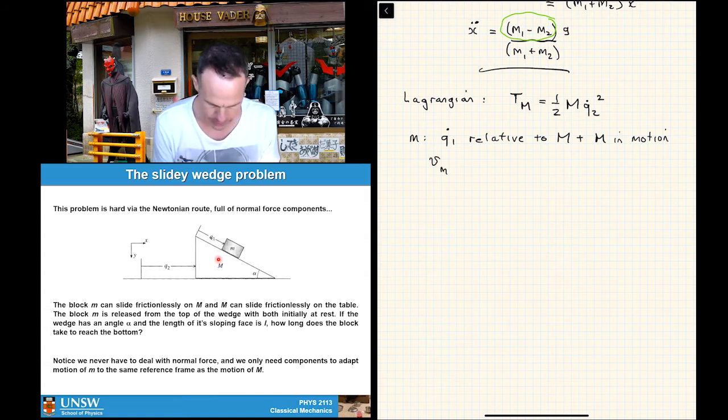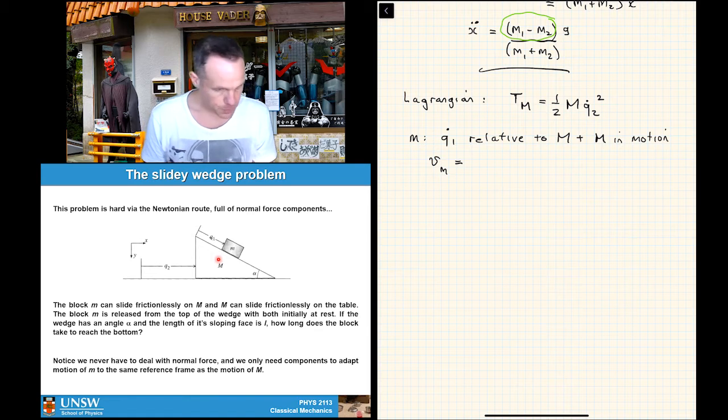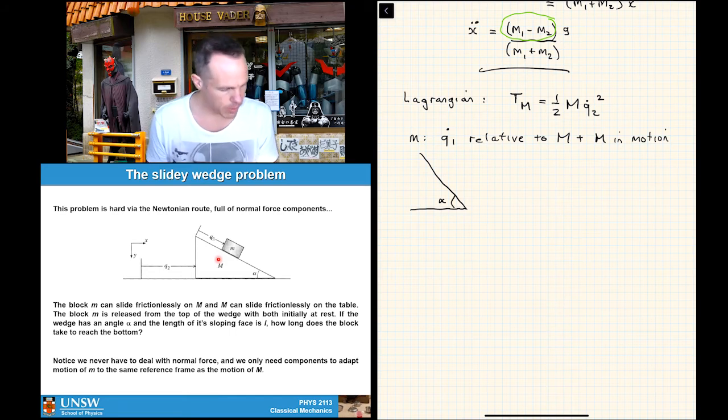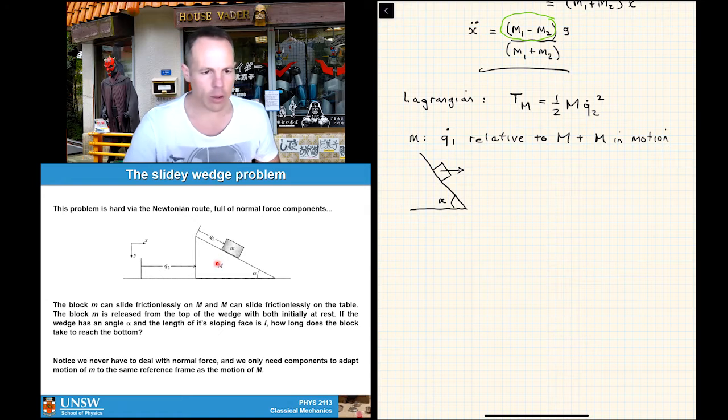V little m is going to be... before I write this, I'm just going to draw a little diagram because we need to sort out some of our trigonometry here. We've got a system like this, and I'm exaggerating a little bit just to get some emphasis in here. We've got our little block, little m, on here. This component just here, if we think about this triangle, this is the adjacent to this angle, this is the hypotenuse, so everything happening in this direction is going to be cos, right?